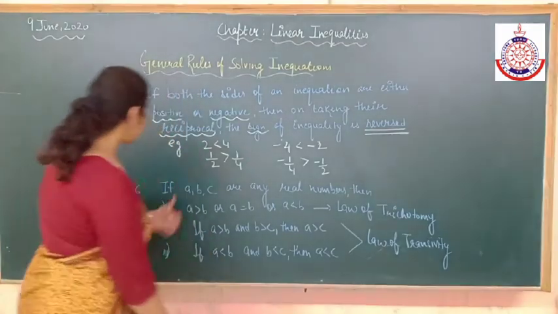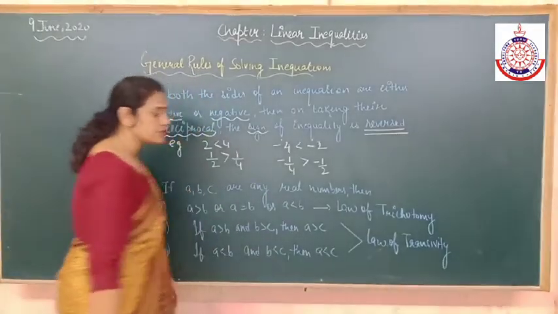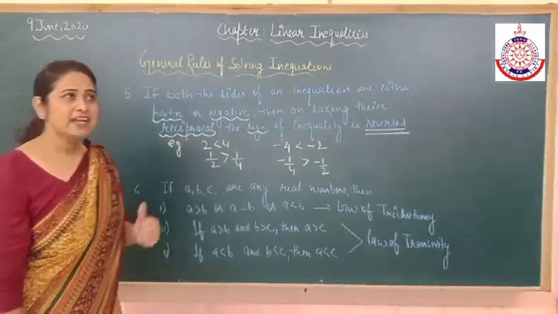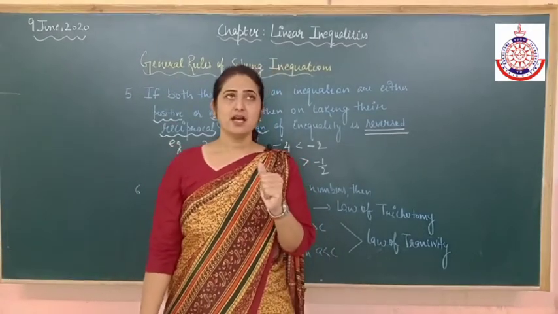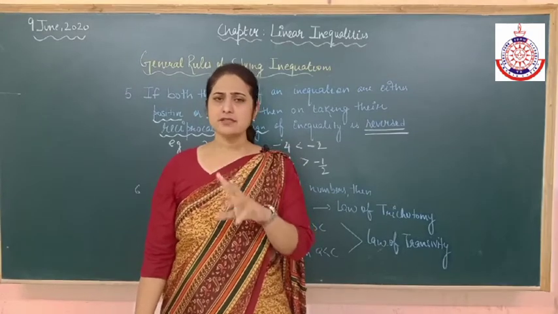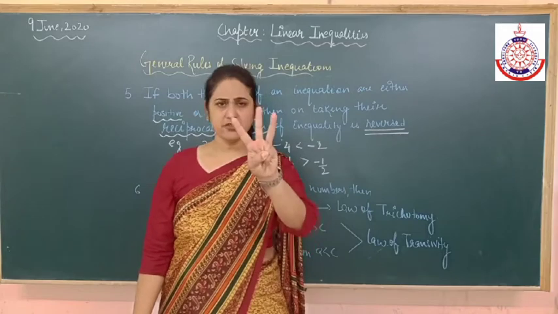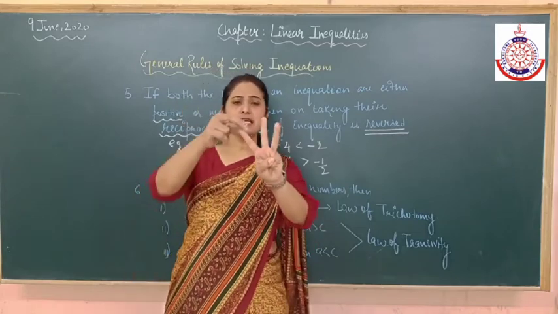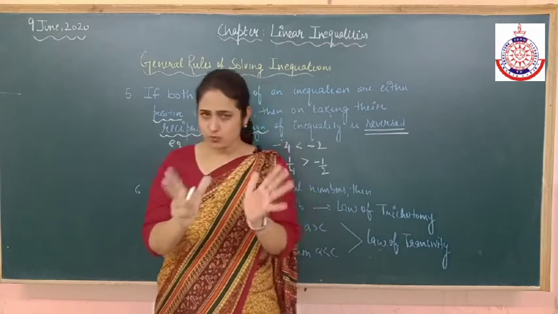Now the last rule in this: if A, B, C are 3 real numbers. First, if I talk about 2 numbers, what maximum relations can they have? If I pick 2 numbers, say 10 and 100, 10 is less than 100 or 100 is greater than 10. Between 2 numbers only 3 relations are possible, right? Either less than, or equal to, or greater than. Is anything more possible?